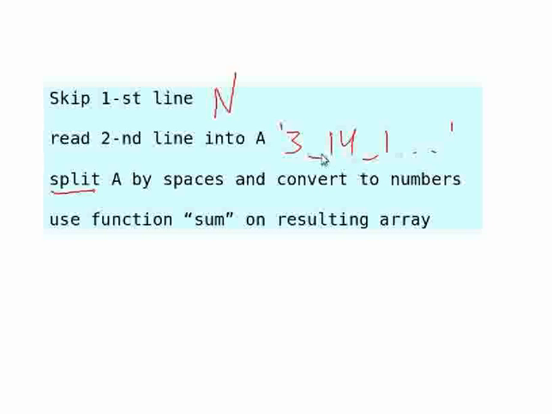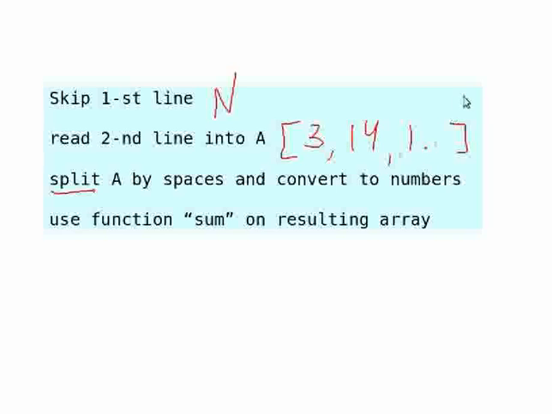The result of splitting is usually an array, so it is converted from a string to an array of integers like these: 3, 14, 1, etc. Arrays are called lists in Python, but it is just the same.